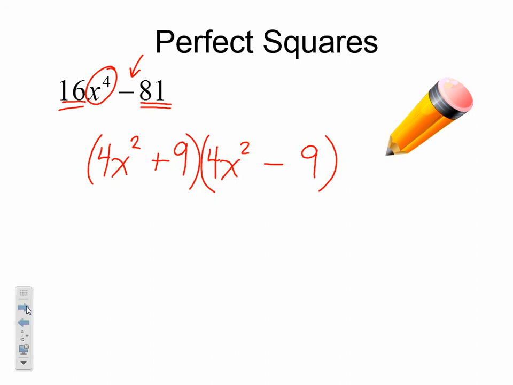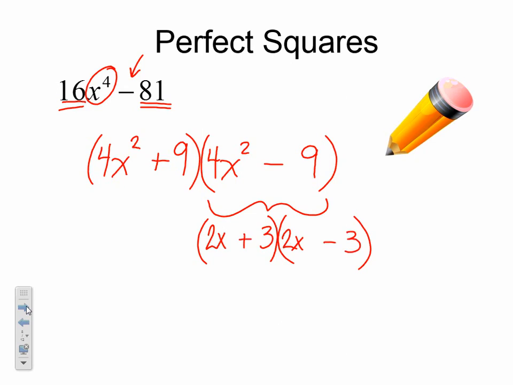Now if I look at what we have so far, this one looks pretty good, but I'm noticing this guy right here is still a difference of perfect squares. 4 and 9 are both perfect square numbers. That means I can split him apart one more time. To make 4x squared is 2x times 2x. To make 9 is 3 times 3, 1 positive, 1 negative.